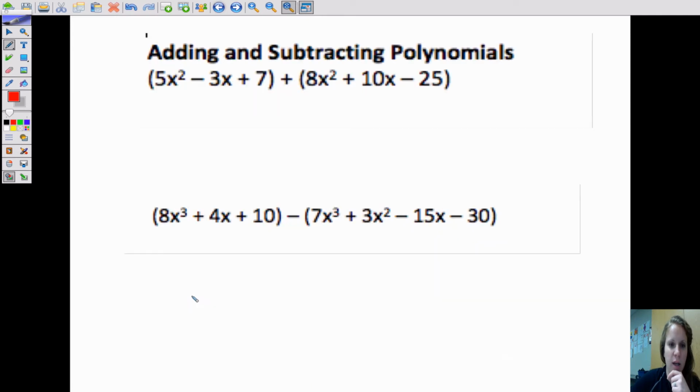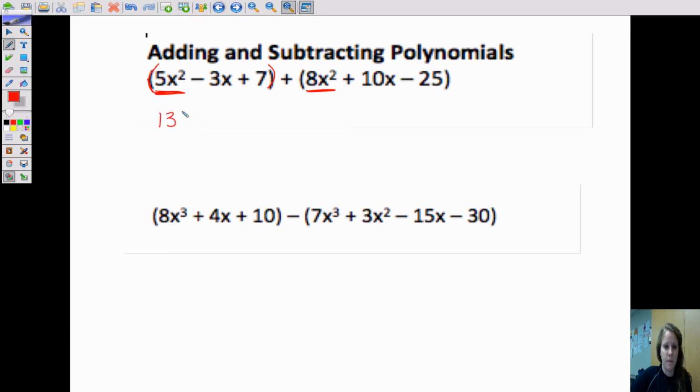All right. So let's try adding and subtracting polynomials. When we're adding polynomials, we just need to find the like terms. And this is a polynomial, remember, because it's a group of 3 terms added or subtracted together. So we can just combine like terms. We have 5x squared and 8x squared. That's going to give us 13x squared.